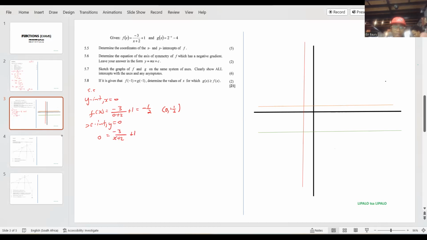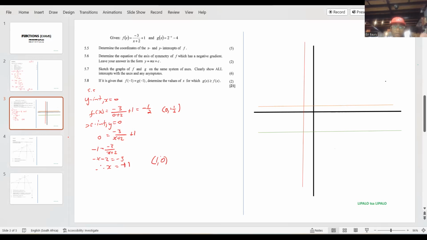Then I do the algebra here. -1 equals -3 all over x plus 2. So -x minus 2 equals -3. Therefore x is going to be positive 1 actually. So I have (1, 0). So I have my intercepts.